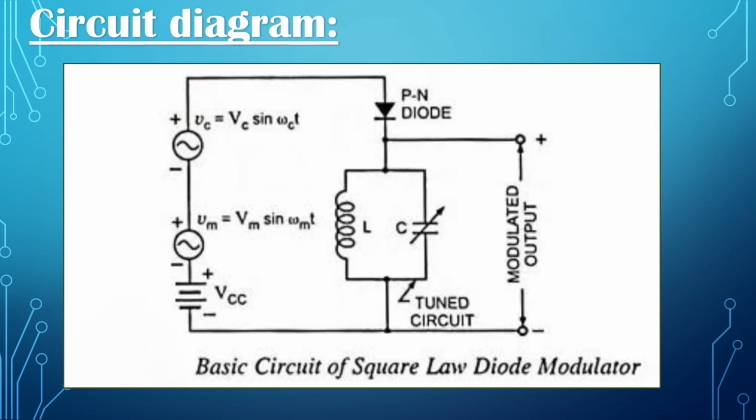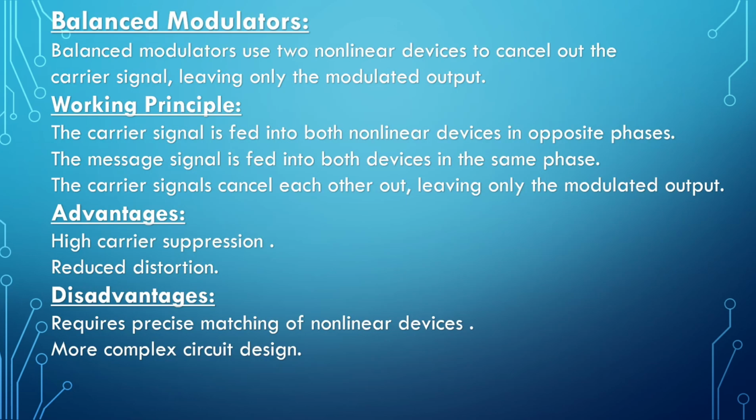Here we saw a tuned circuit is used and also a PN diode is used, and from the PN diode and from the tuned circuit we got the output and got the result. There is a plus point, also a negative point.